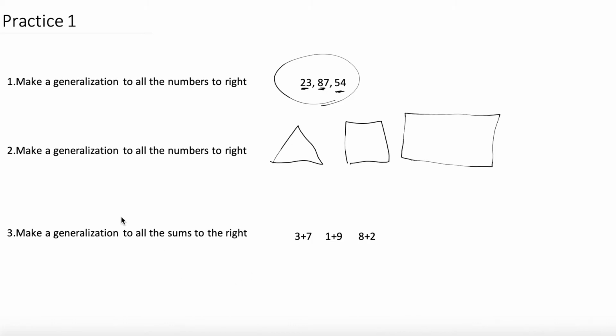So number 2, make a generalization about all the shapes to the right. We have a triangle, a square, and a rectangle. There are a lot of generalizations right here. All of them have angles, all of them have sides, all of them are polygons.